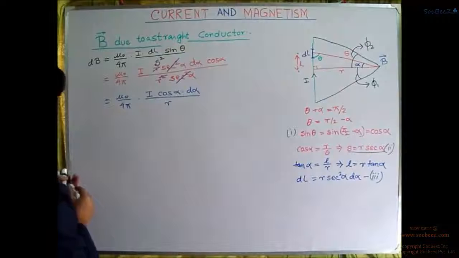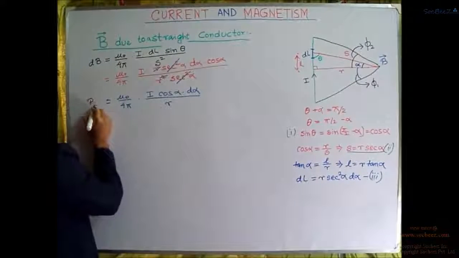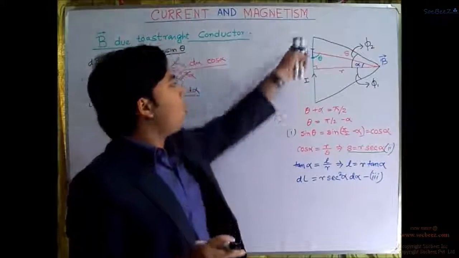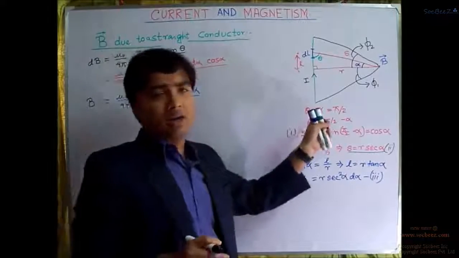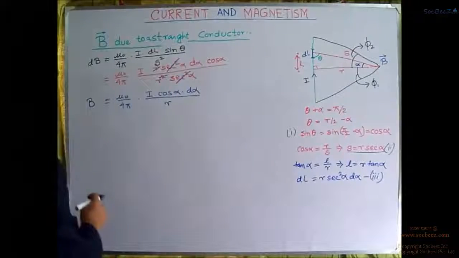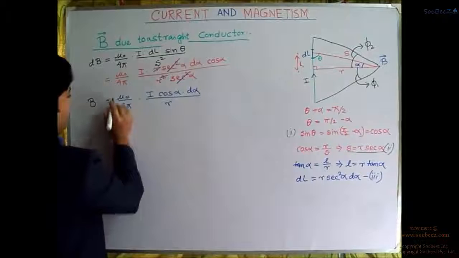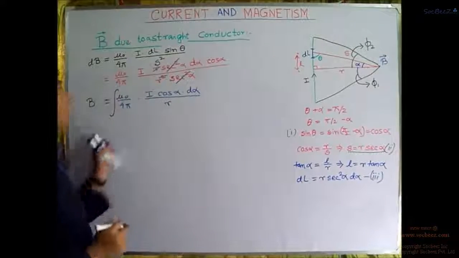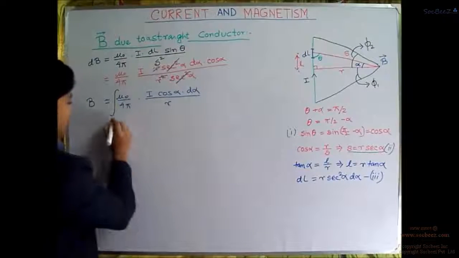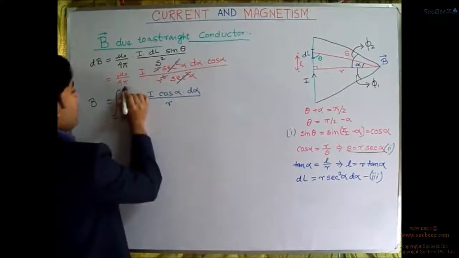So if we wish to find out the total B due to each and every small part of this wire at this point, then B equals the integration of this entire expression, because this expression was for dB, from minus phi 1 to phi 2.